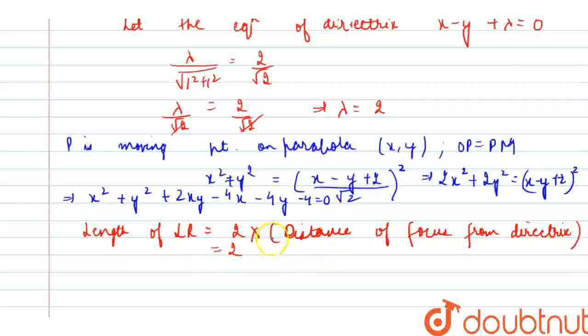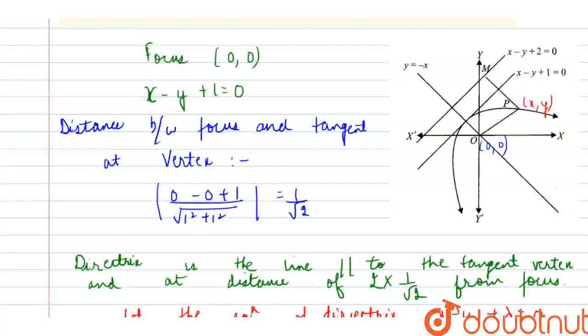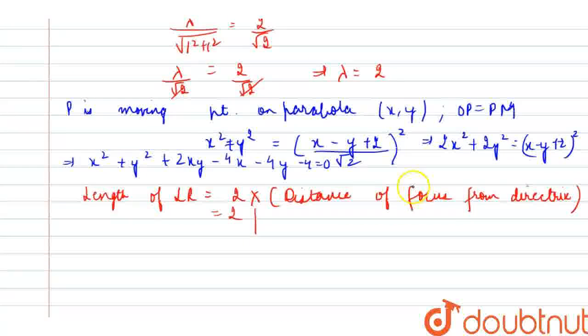The distance of focus from the directrix would be 0 minus 0 plus 2 upon under the root of 1 square plus 1 square, so that comes out to be 2 root 2.